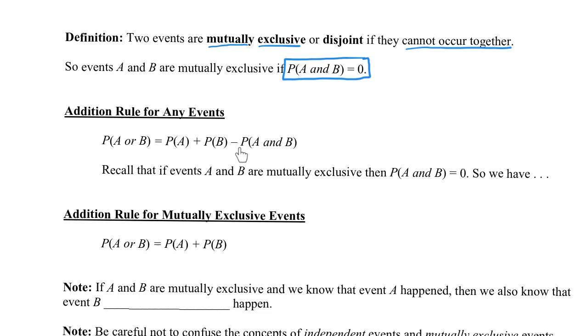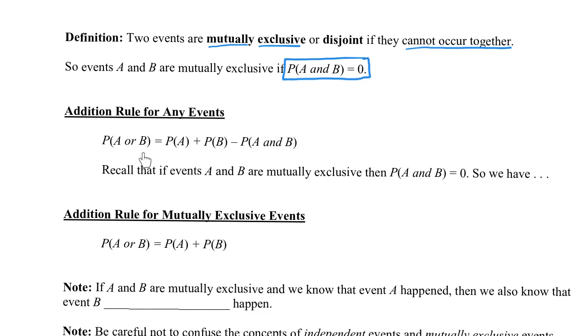So if they are mutually exclusive, this is 0, so you could get rid of this, which is why we have the addition rule for mutually exclusive events, just a shorter version of this.